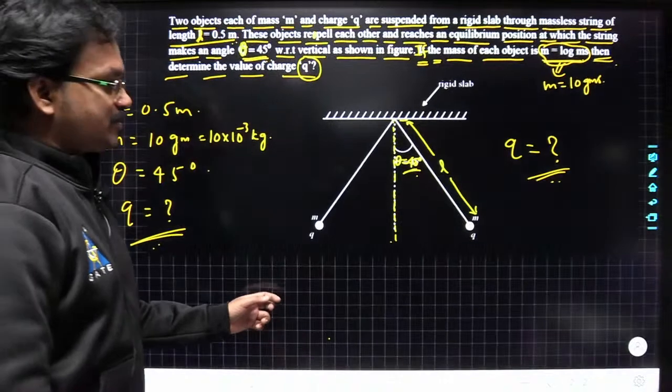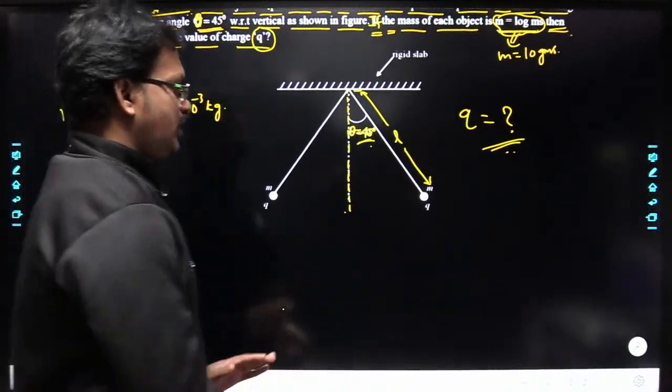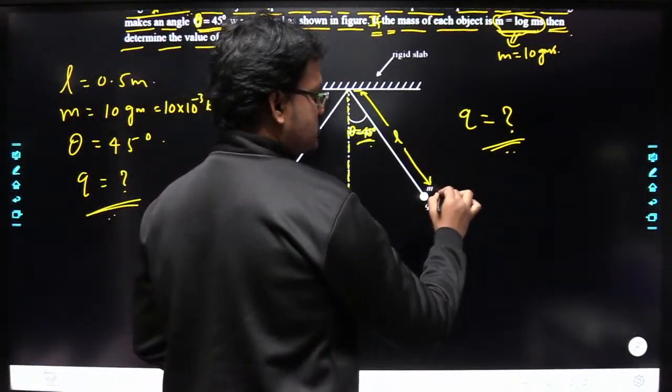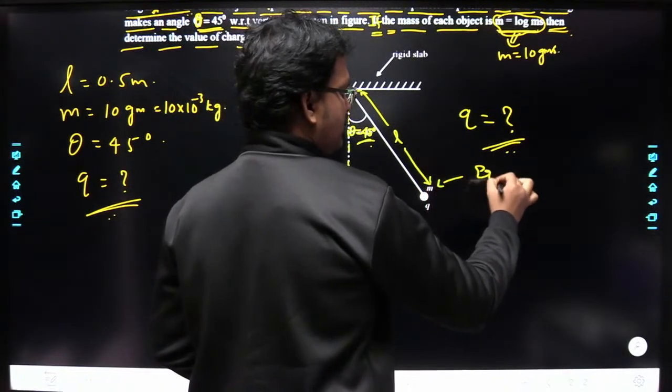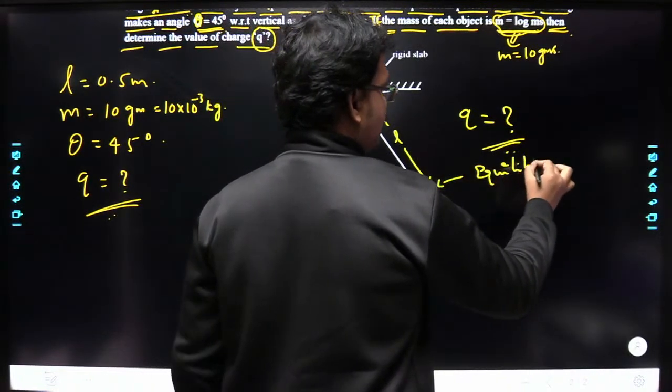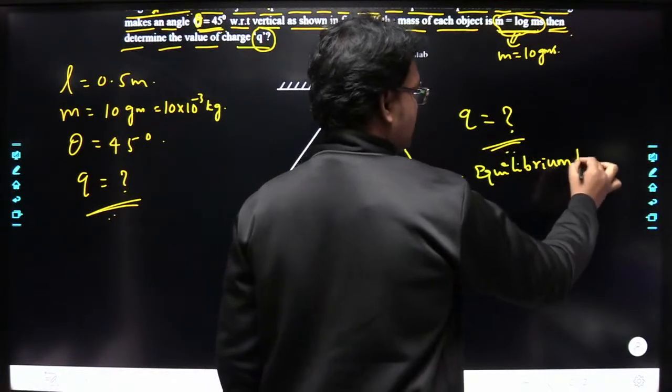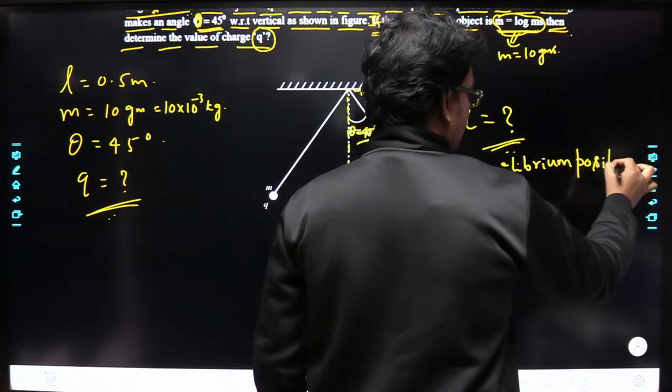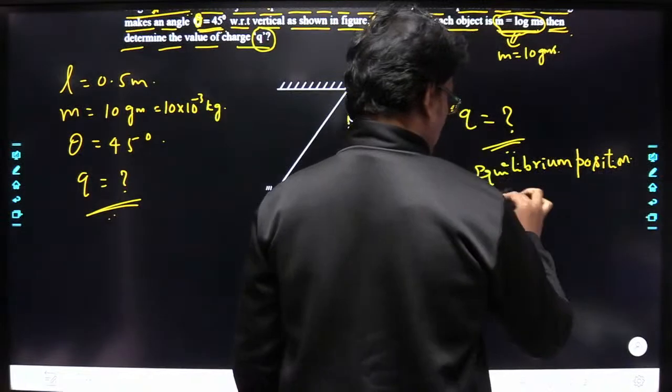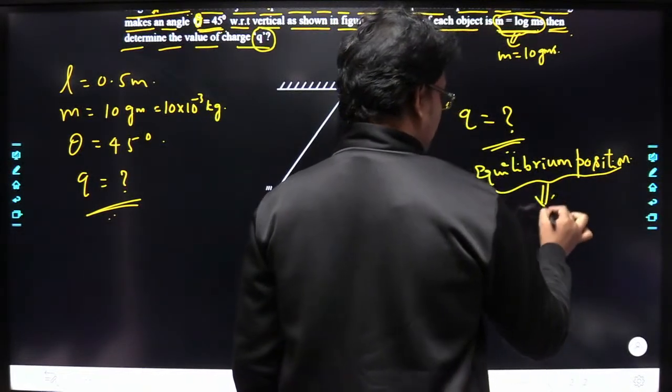Now here, the object is in equilibrium position. So what do you mean by equilibrium position here?